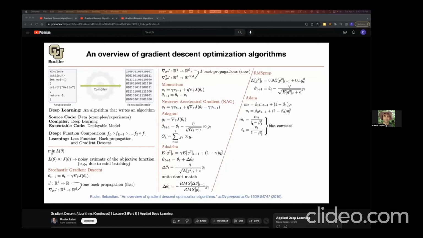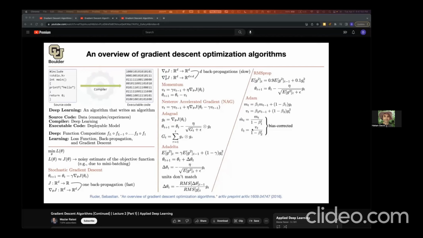So this number, 1 minus beta 1 to the power t, if t is huge towards the end of the training, this is a number less than 1 to the power of a number that's big. So that one is going to go to 0. And towards the end of the training, mt hat is just mt. Same thing for vt, because beta 2 is a number less than 1.